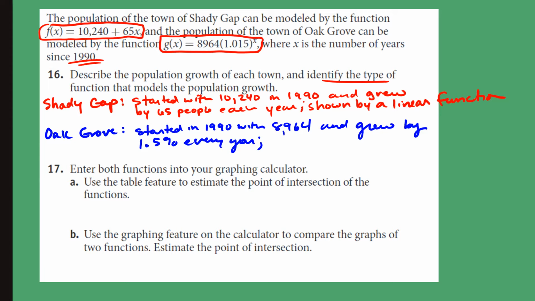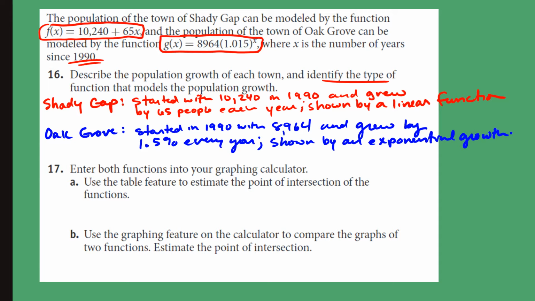And that is shown by an exponential growth function, because it's got a factor bigger than 1, which is making it growth, and that power of x, that's the exponential function, a times b to the x.